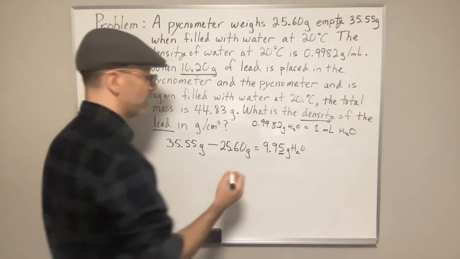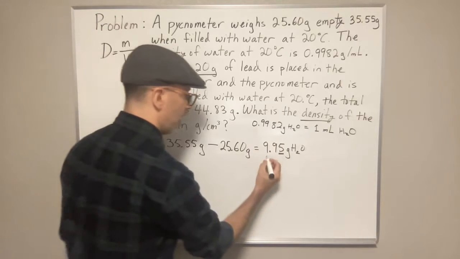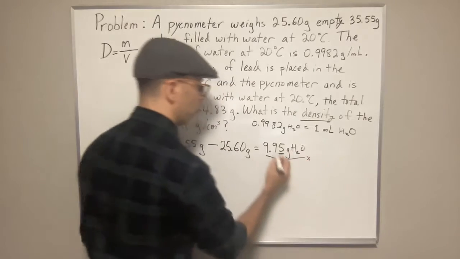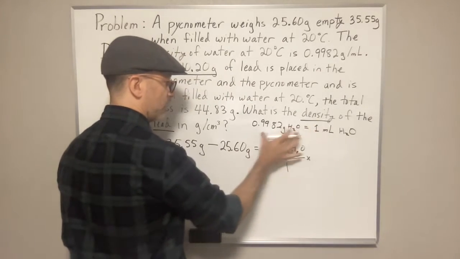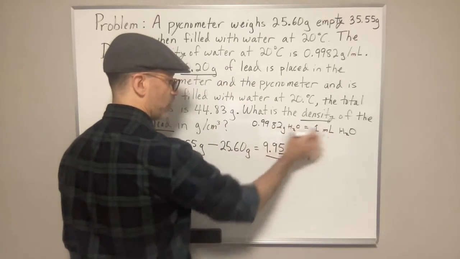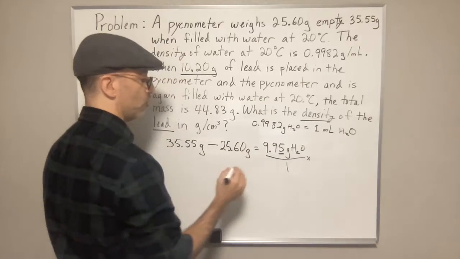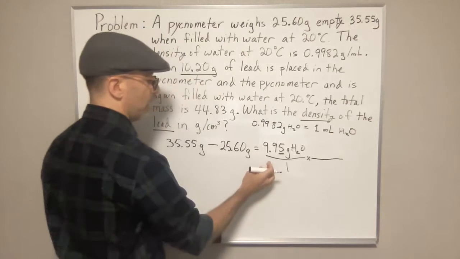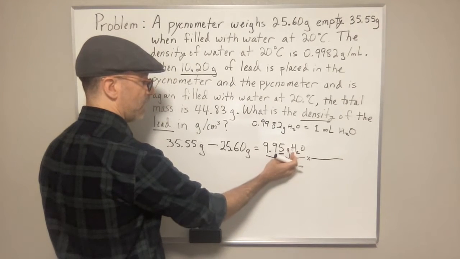So now that we can use this, I can take my answer here, put it over 1, and then I can use the density ratio to convert to milliliters. So I have grams on the top, grams of water.